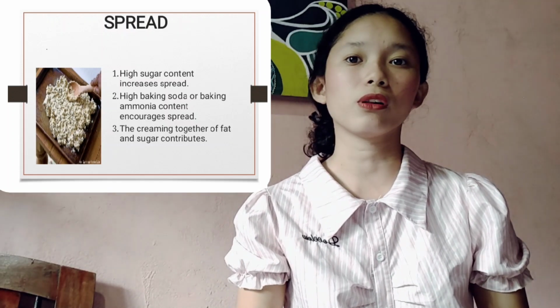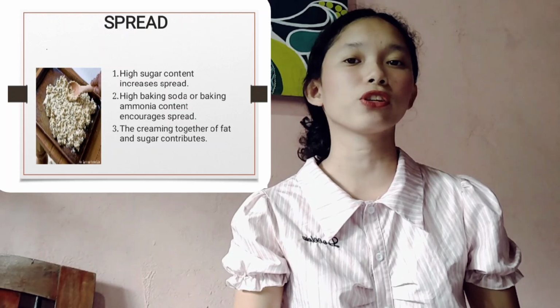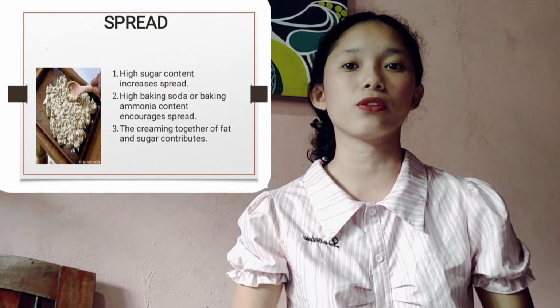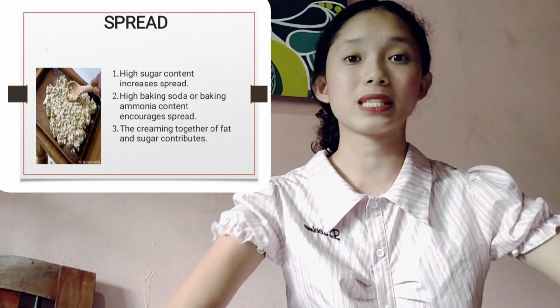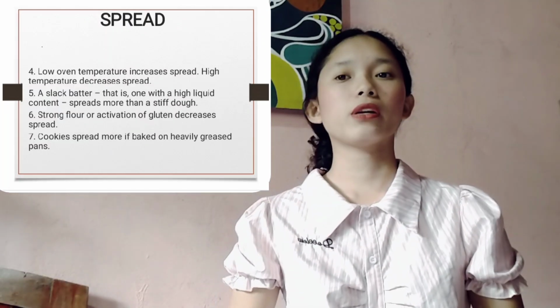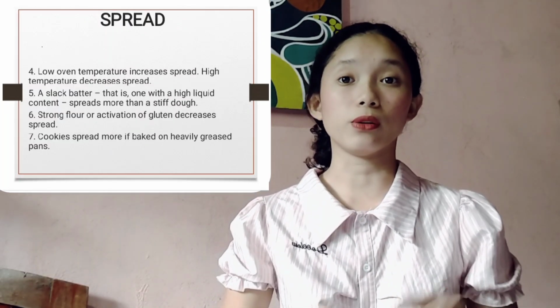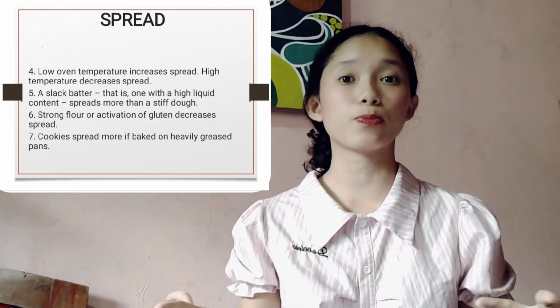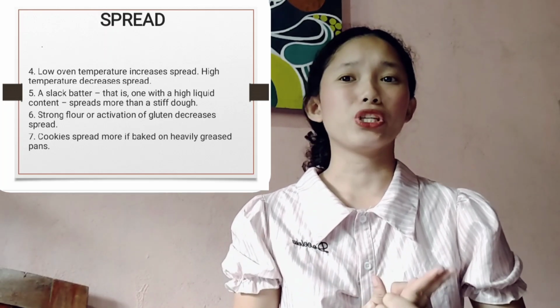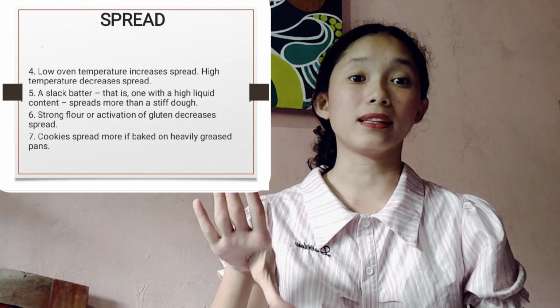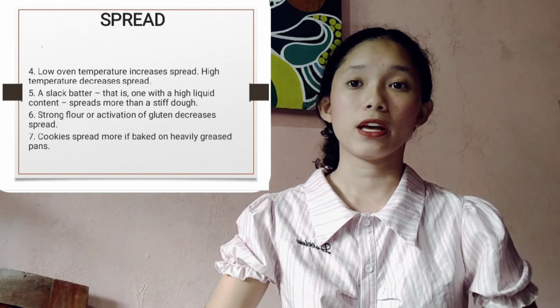You must also include a high proportion of baking soda or baking ammonia to encourage spread. You can also turn the oven temperature low so that it can increase the spread, and when you turn the temperature high, it decreases the spread of the cookie.